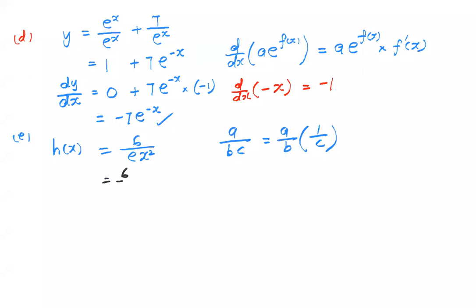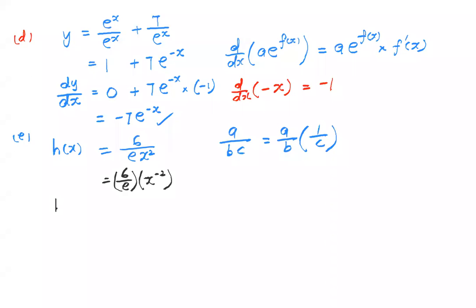So this is equal to 6 over e times 1 over x squared. For those who know 1 over x squared is x to the power negative 2, you can straight away write it. You don't have to write 1 over x squared and then write another time. That is how we save time in writing the steps. All these steps will not be given marks.